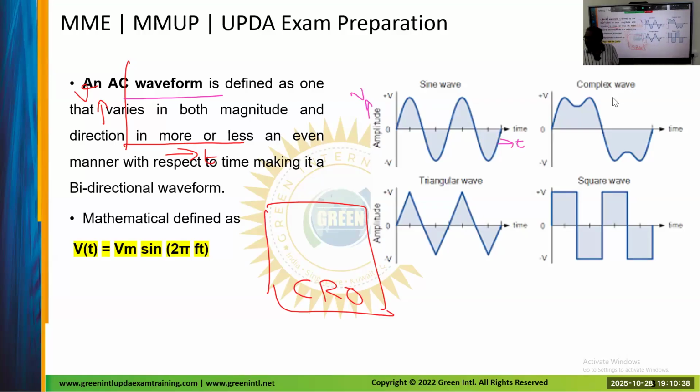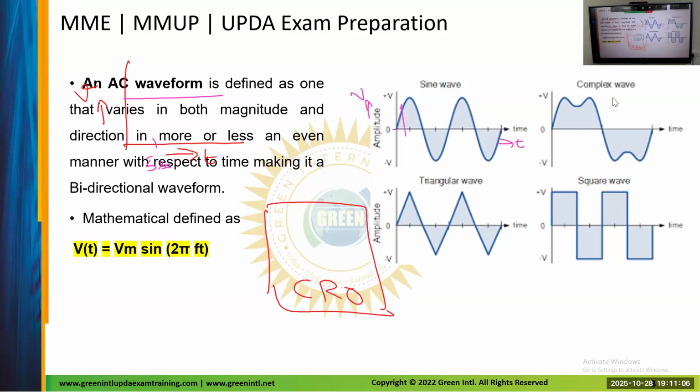From this we understand that as time increases, the voltage also changes in nature. For example, at t equal to 0, say we have 10 volts. At t equal to 0, we have voltage 0. After a few seconds, say 5 seconds, what is the voltage? The same 10 volts? But here, after 5 seconds, maybe the voltage is like this.